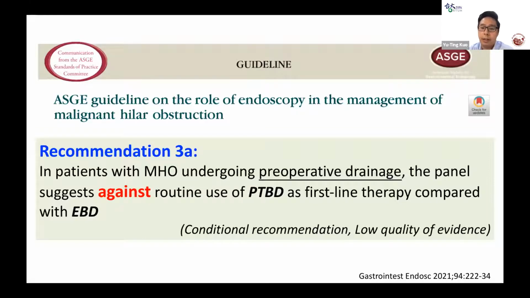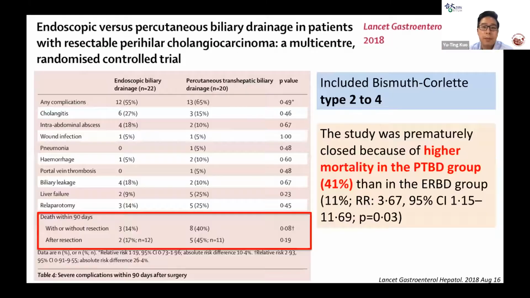I think they have two major concerns. The first is that in a recent randomized controlled trial, they found that the percutaneous drainage group had a higher mortality rate compared to endoscopic drainage. This study was terminated very early because of the early mortality in the percutaneous drainage group.